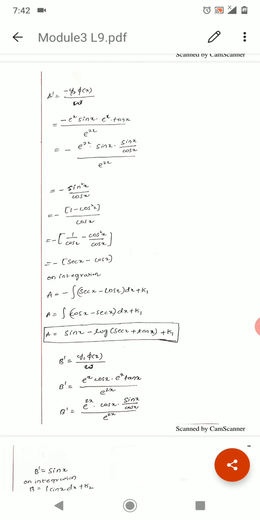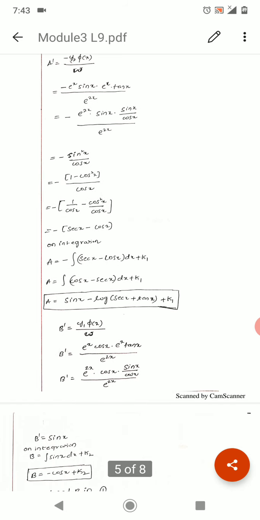Therefore, in numerator we have minus e power 2x, e power x into e power x is e power 2x, minus e power 2x into sin x into tan x, which can be written as sin x by cos x, divided by e power 2x. So e power 2x and e power 2x get cancelled. So we have a dash is equal to minus sin square x by cos x.